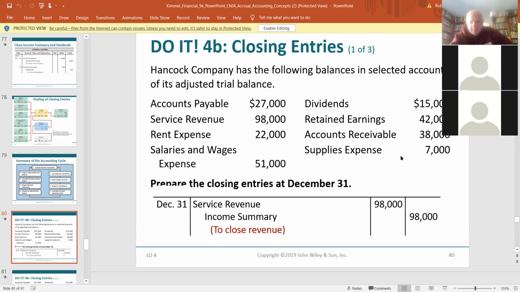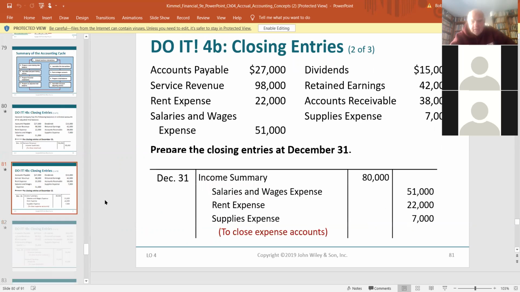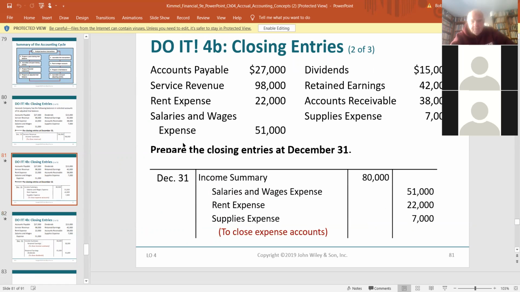And we have supplies expense. So we have one revenue. We debit the revenue, credit income summary. We have expenses, we have rent, salaries, and supplies, it looks like. We credit them and we debit $80,000.